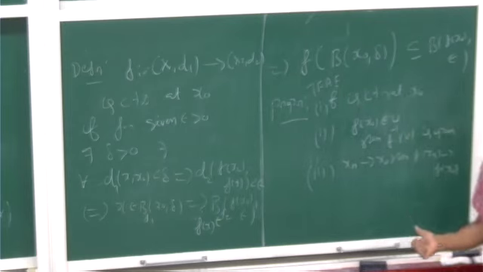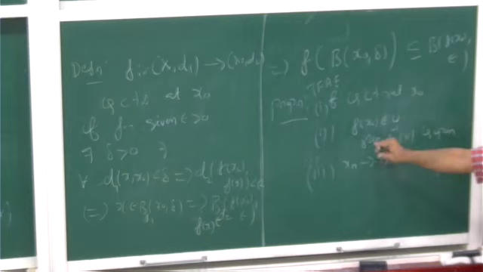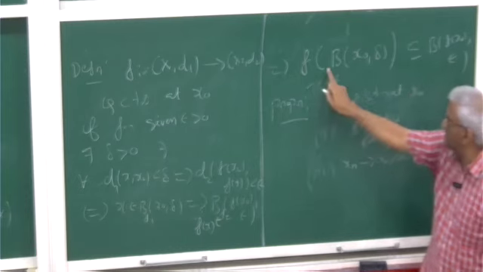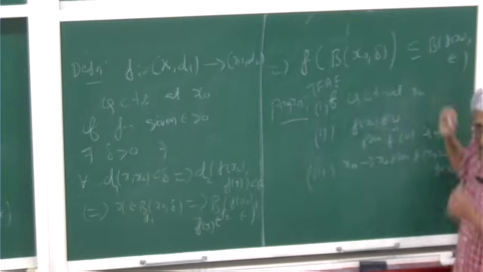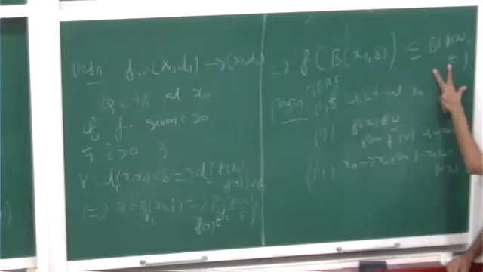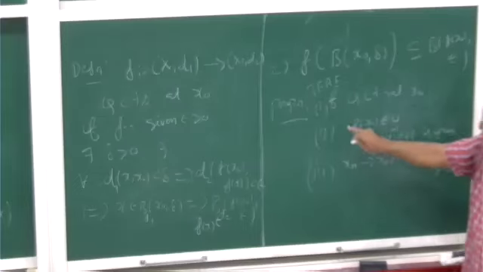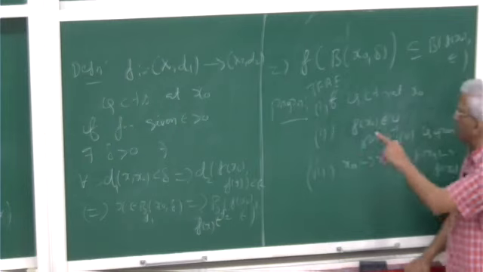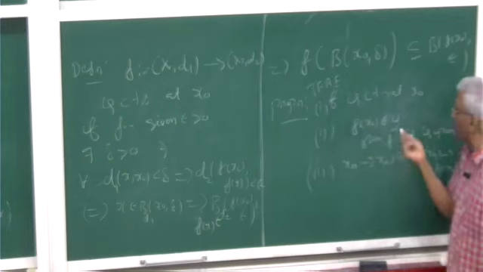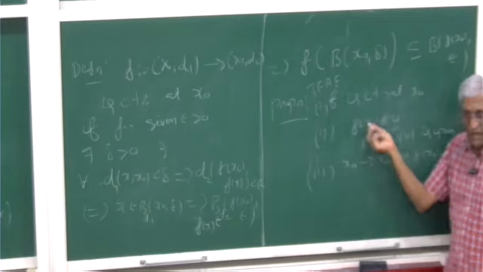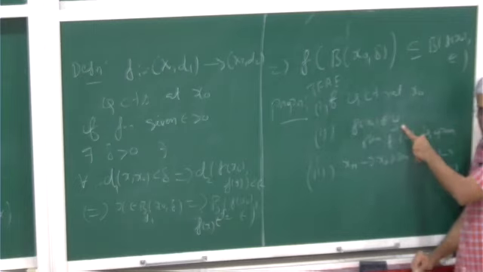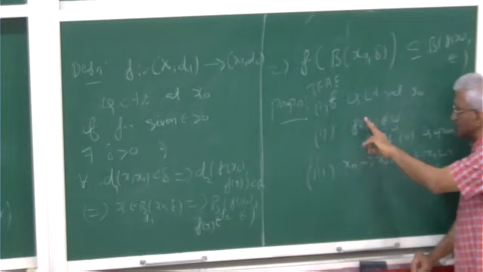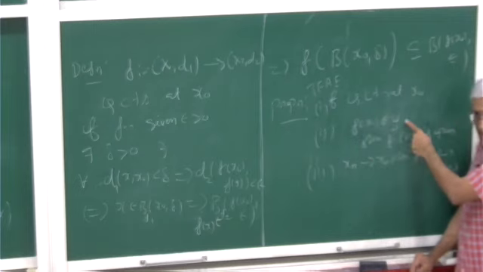So shall I write the proof, or you already know it? You know it. Okay. So I will go through the argument. So f is continuous at x naught. You want to prove 1 implies 2. So 2 is basically: if you have an open set u where f of x naught is an element of it, that means there exists an epsilon such that B of f of x naught, epsilon is contained here.